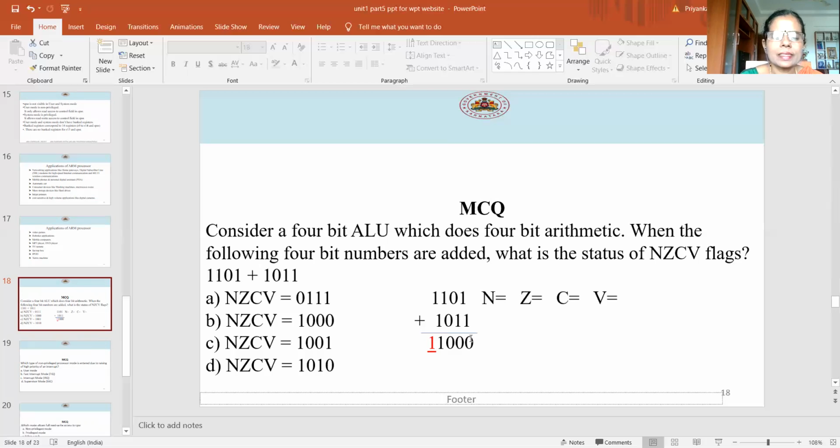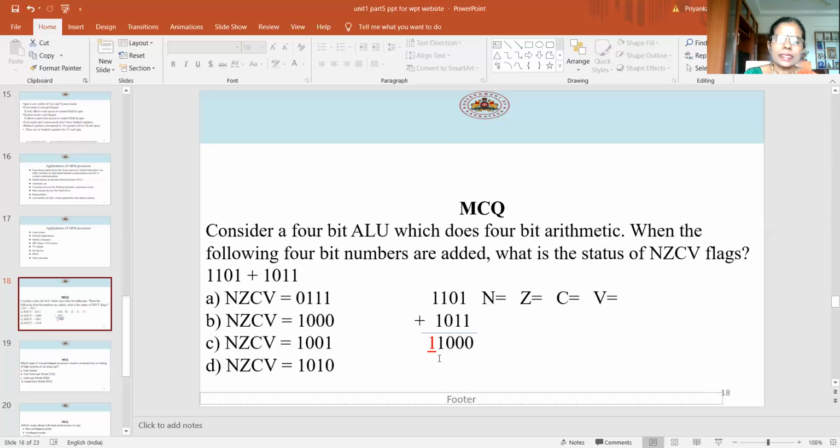Now we'll discuss which flags are going to be set. Is it a zero result or a non-zero result? It is a non-zero result because the result has a 1 in it. If all the result bits are 0, then the Z flag is set to 1; otherwise the Z flag is 0. So Z becomes 0. The most significant bit is 1, and if the most significant bit is 1, the result is negative, so N becomes 1.